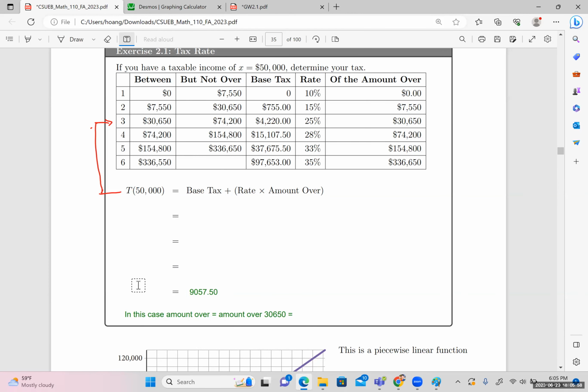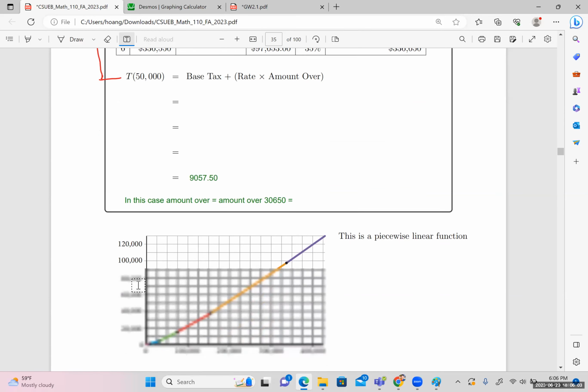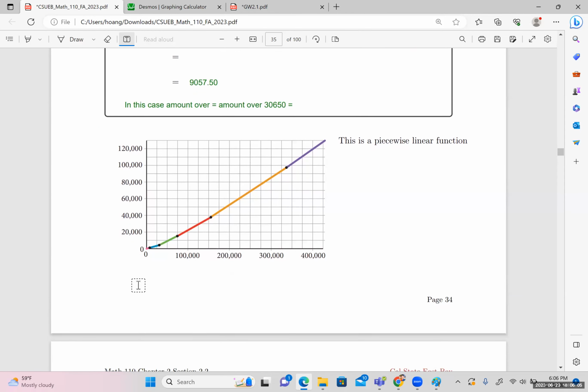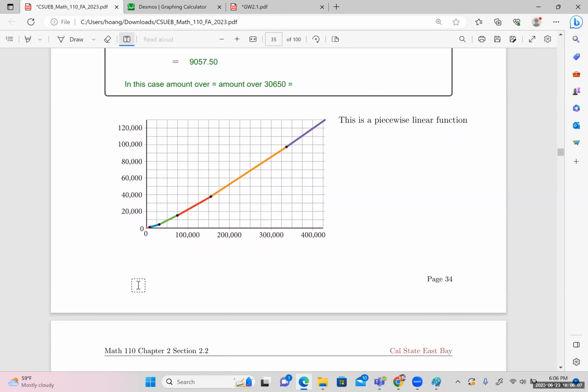All right. Okay, so down here is the graph.